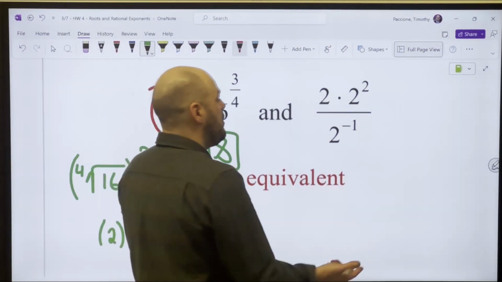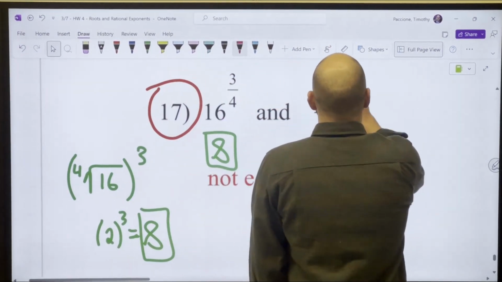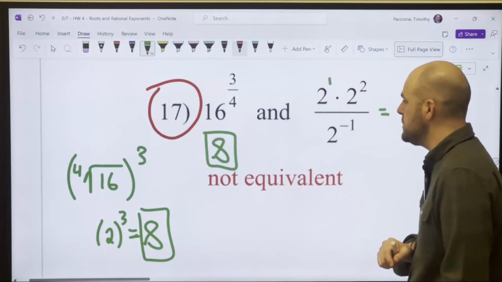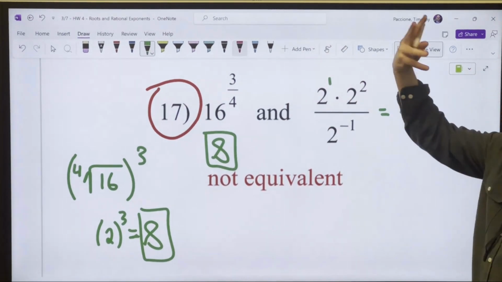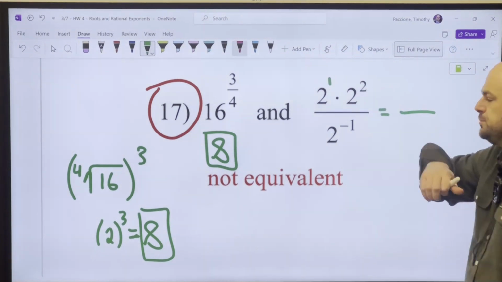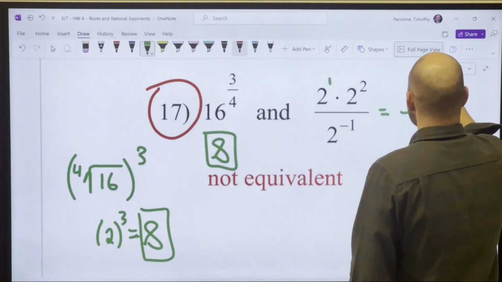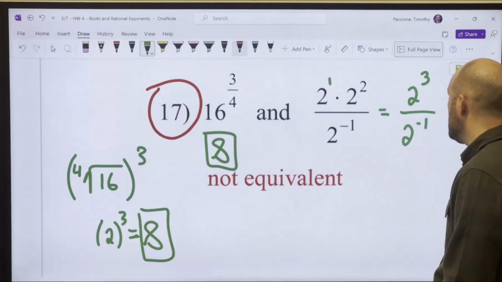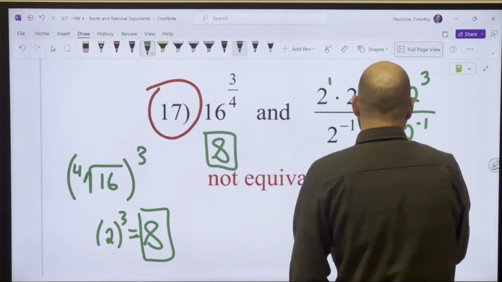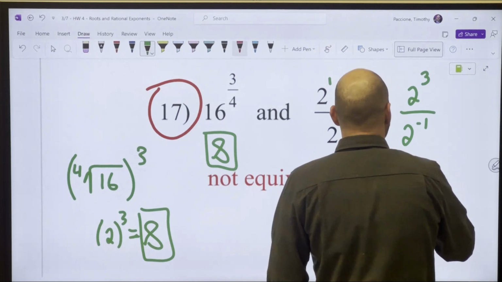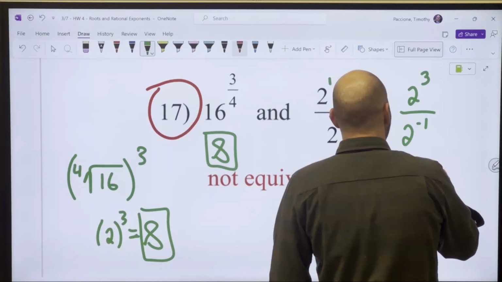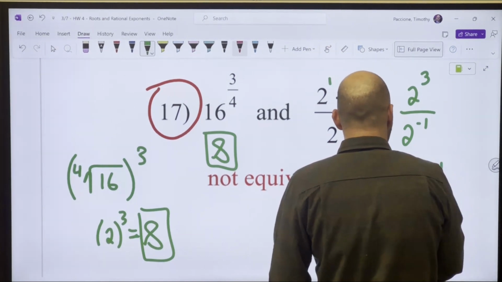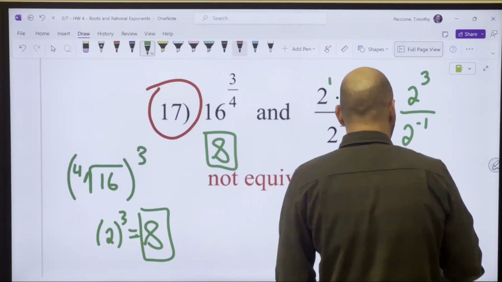This one, well, I needed my properties, right? 2 to the 1 times 2 to the 2, well, that's 2 to the 3rd. And then on the bottom, I have 2 to the -1. Okay, so then quotient property says subtract, so that's 2 to the 3 minus -1, which is 2 to the 4th, right?